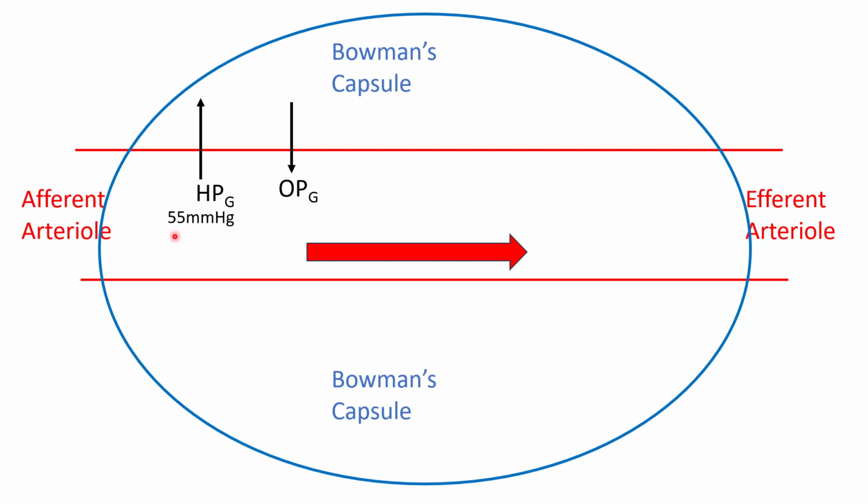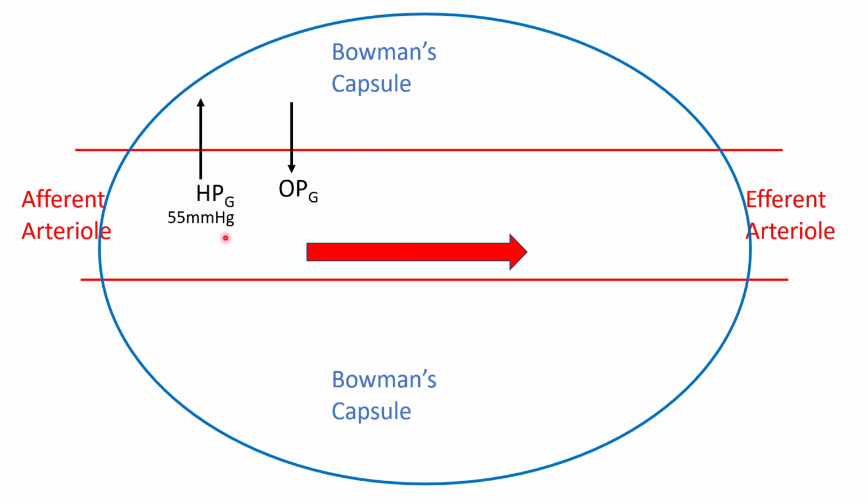Now we also have all of those solutes, primarily proteins, and again, primarily albumin. Remember, albumin is the primary protein that contributes to osmotic pressure in the blood. There are other proteins and other solutes that contribute, but in general, we just talk about the osmotic pressure. And the osmotic pressure, OPG, or the osmotic pressure in the glomerulus, is going to have an inward pressure in the opposite direction.